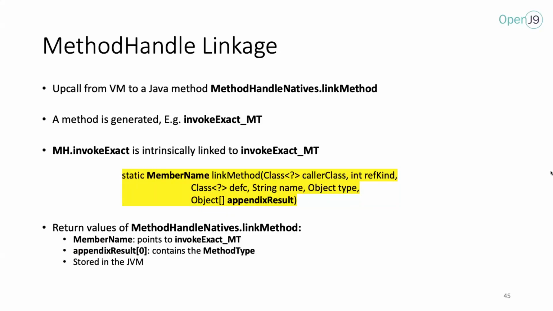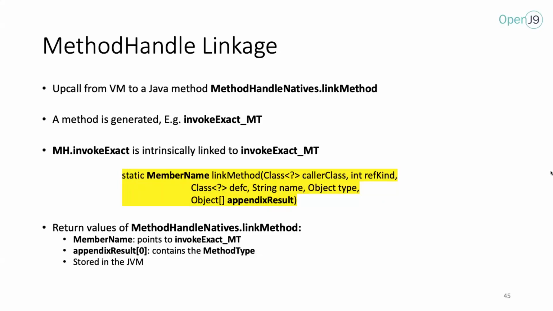What this method does is it generates another wrapper, and the wrapper method is named invokeExact_MT. So whenever we do an invoke virtual with the MethodHandle invokeExact, the JVM is going to run this method, which is named invokeExact_MT.